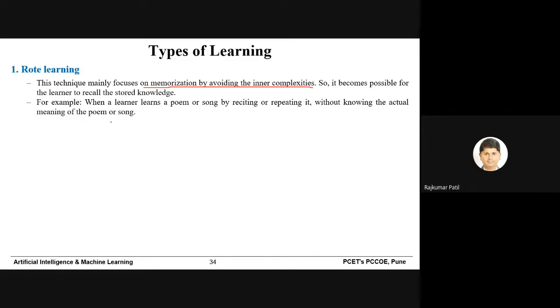For example, many times we memorize a poem or a song even though we don't know its meaning. So this particular example is rote learning, right? Without knowing the meaning, the system is trained to memorize it. So it is called rote learning.